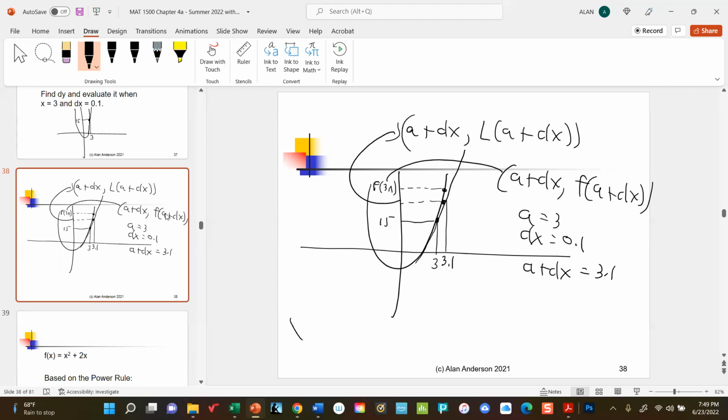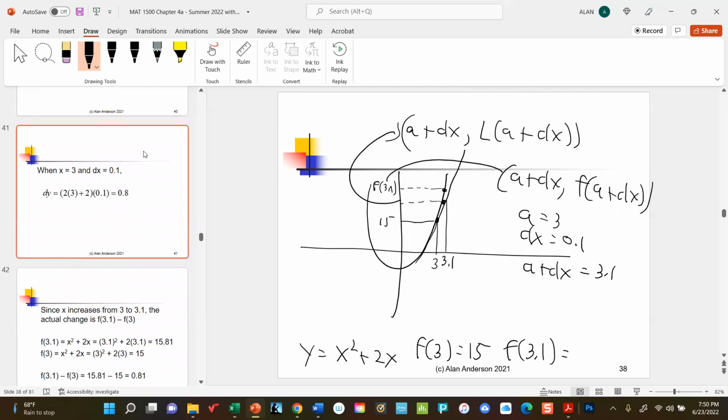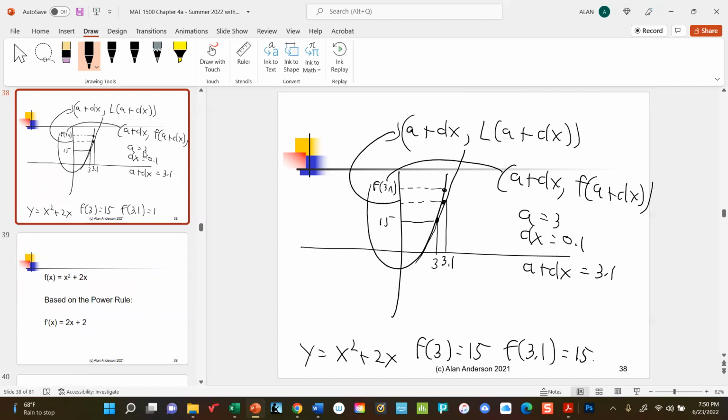And based on the function being x squared plus 2x, we already saw that f of 3 is 15. So f of 3.1, I think I calculated down here below, it is 15.81. That's the actual function value.